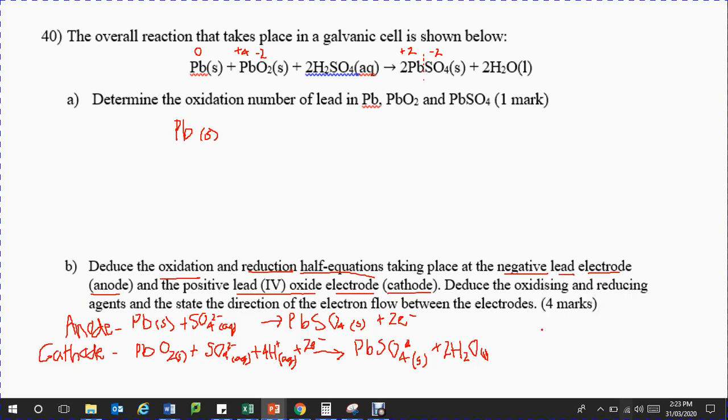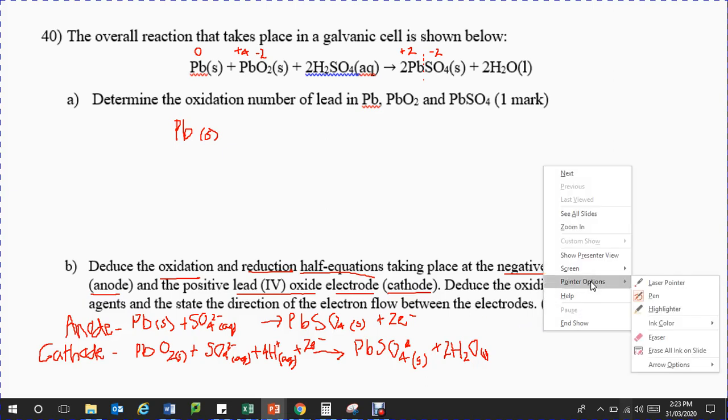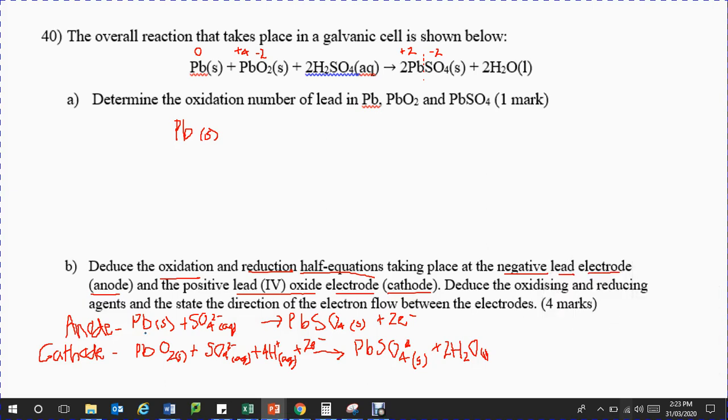If I grab a different color pen, here we have our reducing agent, and here we've got our oxidizing agent. Then state the direction of the electron flow between the electrodes. Remember that electrons will always flow from the anode to the cathode, from negative to positive.